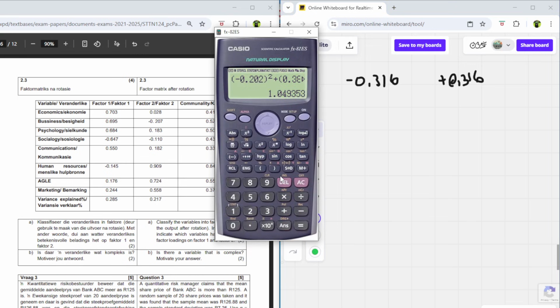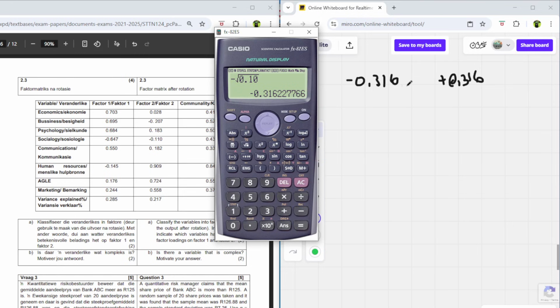Now that 10% was divided into two, meaning the negative and the positive side, because as you can see the factor loadings can be negative. So if we take the square root of 0.10, it gives us 0.316. That is where we got that number. And when you take the negative of that, we get negative 0.316, which is this one over here.